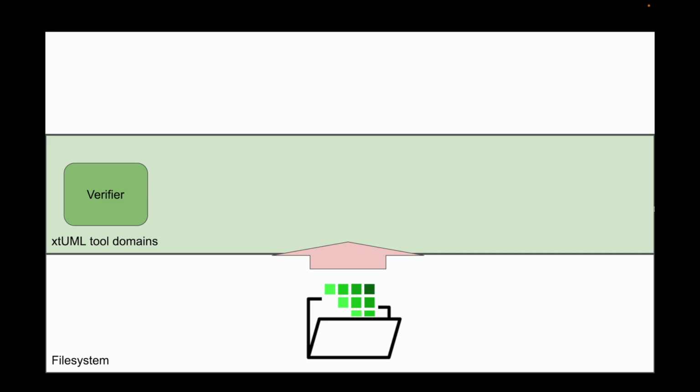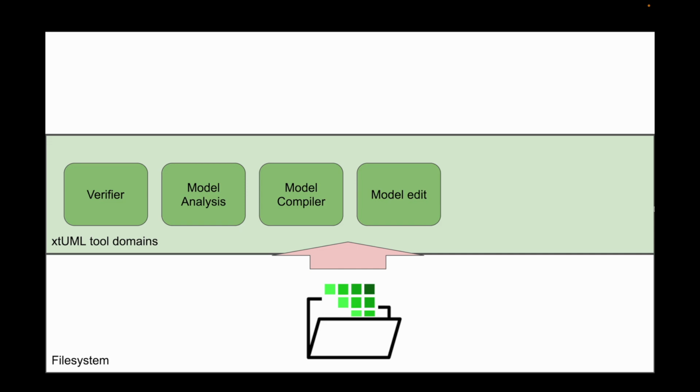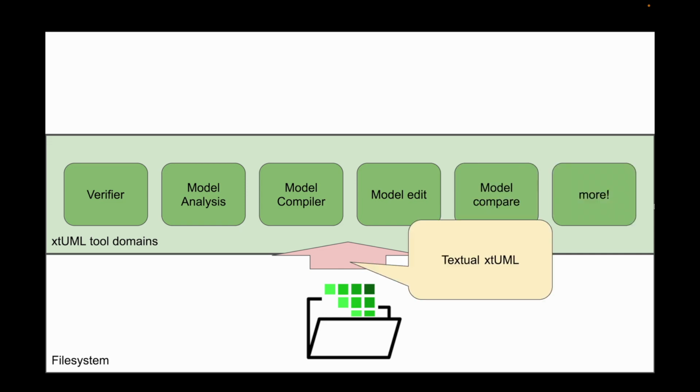Here I have, for example, verifier, model analysis, model compiler, model edit, model compare, and many more. And the exchange for this interface is the textual language. Each of these components would be reading the file system, loading the instances into a meta model, and independently doing actions upon those model instances.